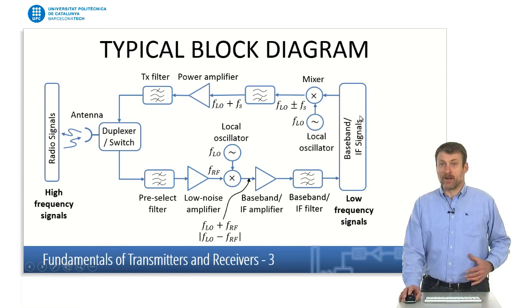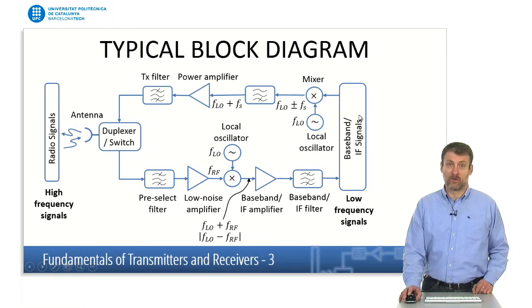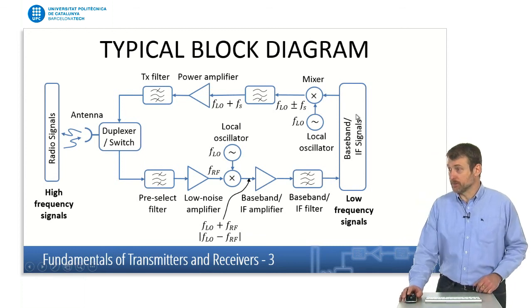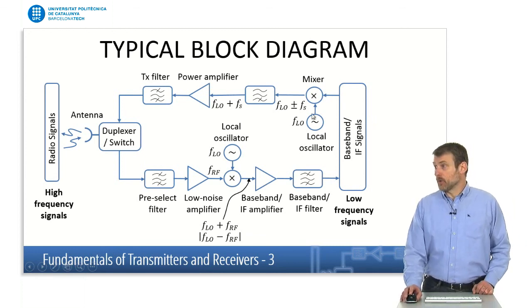For example, there are many systems in which we only have a transmitter, or there are systems where we only have a receiver. In this diagram, we have both, and they may act either simultaneously or alternatively.